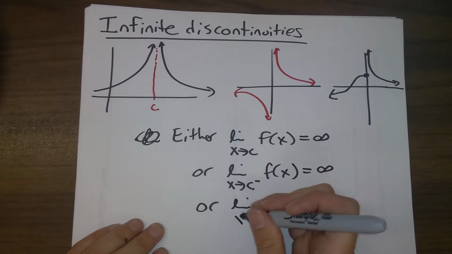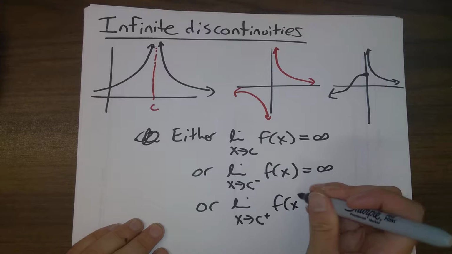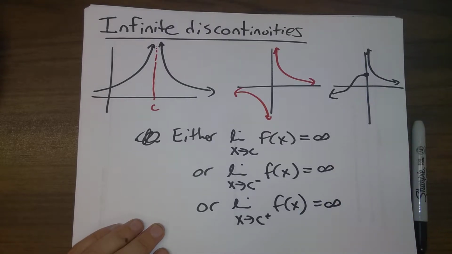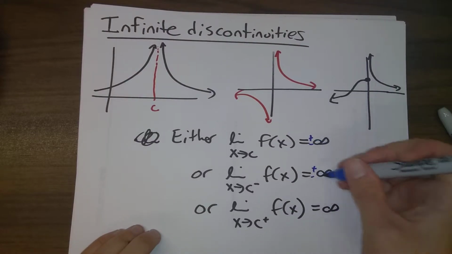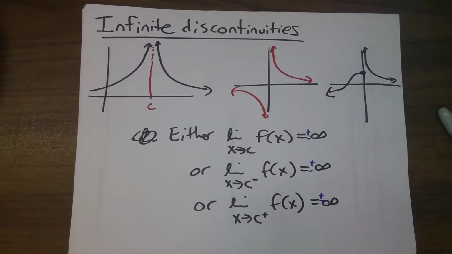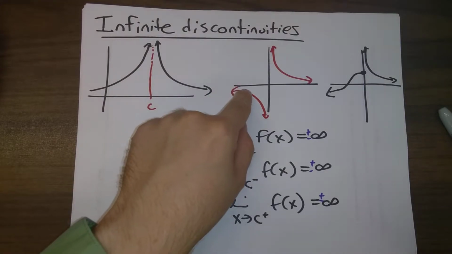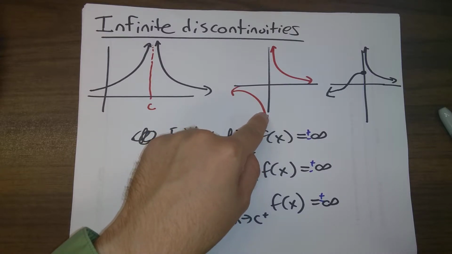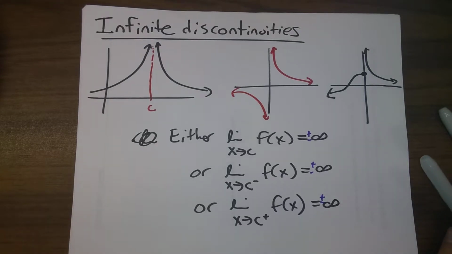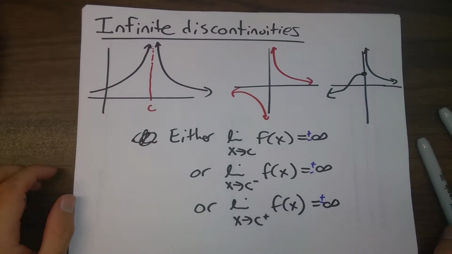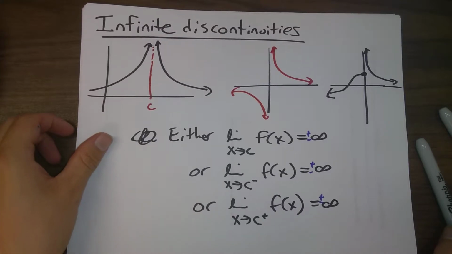Really we should be clear, we don't care if it's plus or minus infinity, so I can stick in pluses or minuses here. So if the limit as you get close to c of f of x is plus infinity or minus infinity, or if you have a one-sided limit, so here the limit as x goes to 0 from the left is minus infinity, and the limit as x goes to 0 from the right is positive infinity, this is when you have an infinite discontinuity.